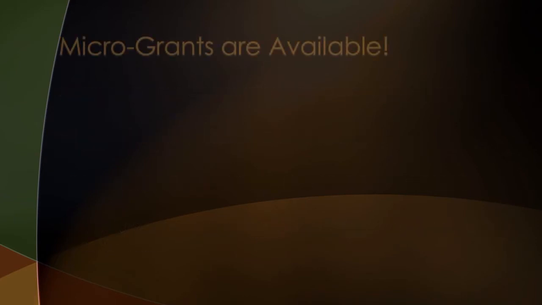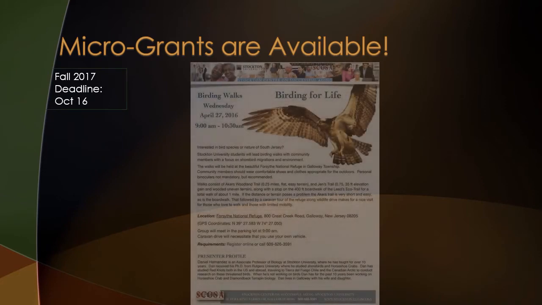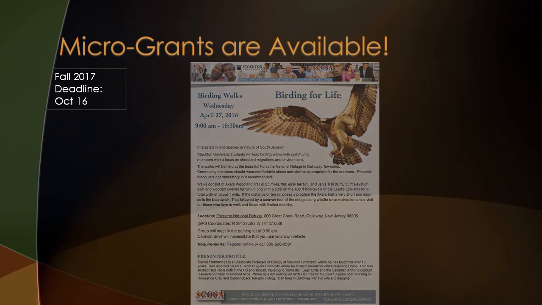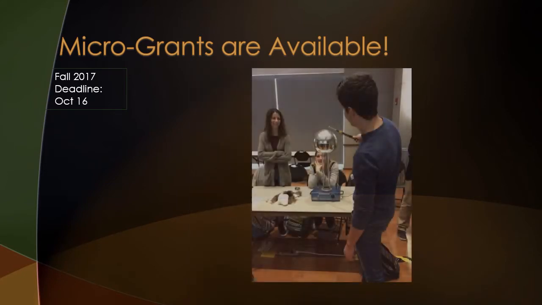Every semester, the Office of Service Learning requests proposals for microgrants to help make your service learning project strong. These grants are typically between $50 and $250 and can be applied for through our office. They are specifically to support your projects when you are in a service learning class.